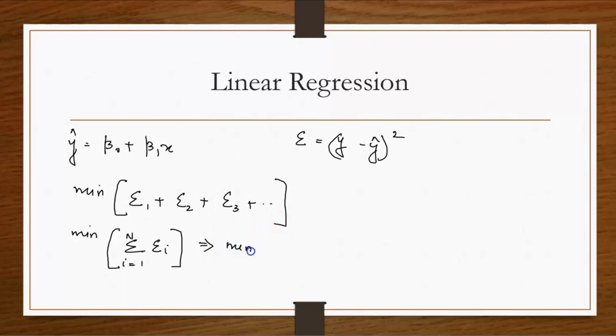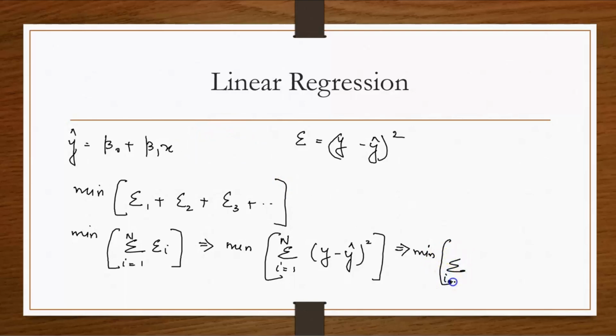So this can be written as the summation of y minus y hat, that is actual value minus predicted, the whole square. And this predicted y can be written as beta naught plus beta 1x.